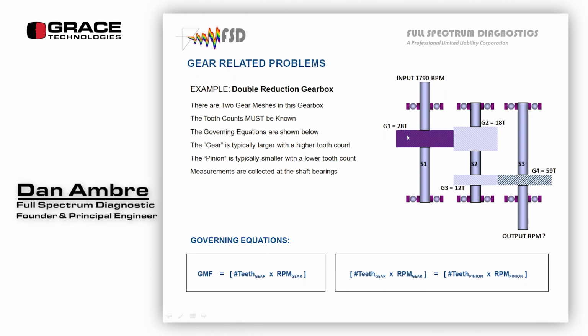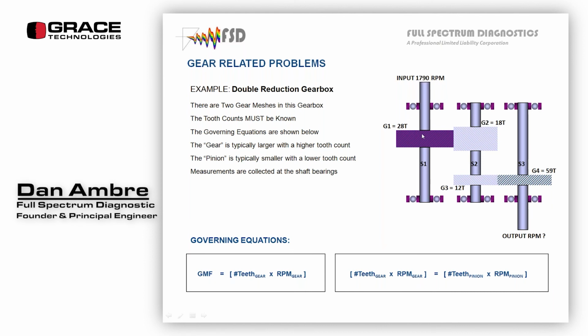It has 28 teeth on its gear. It's touching another gear. There's a gear mesh. Here's another gear mesh. This intermediate shaft in its gear is touching another gear on the output shaft. So I have 2 different gear mesh frequencies in this box. How do I calculate gear mesh frequency?